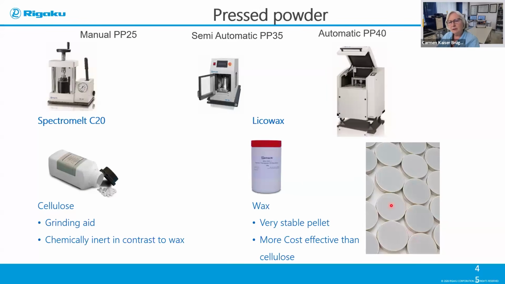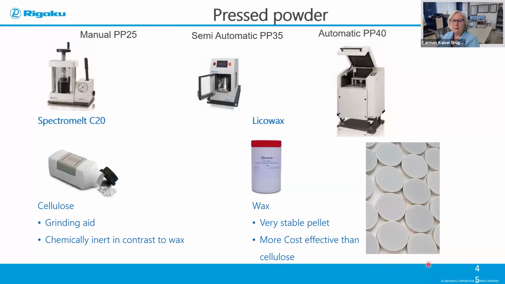So here you can see a nice example of pressed powders that are infinitely thick with a flat, smooth analytical surface. And believe me, these are all different samples. They look the same, but this is the aim, to get homogeneity and consistency in XRF.